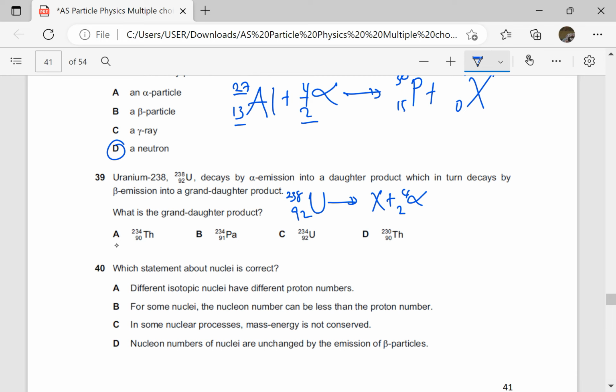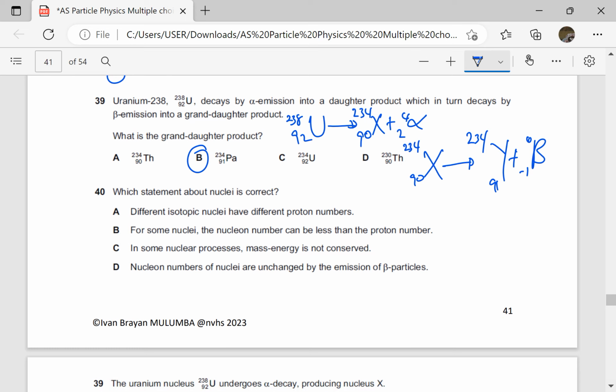So this is going to be 234 and this is going to be 90. Then X, which is 234 and 90, again emits beta minus to form Y. Beta minus is 0, negative 1. So this will be 90 plus 1, 91, and this remains 234. So the answer is going to be B.